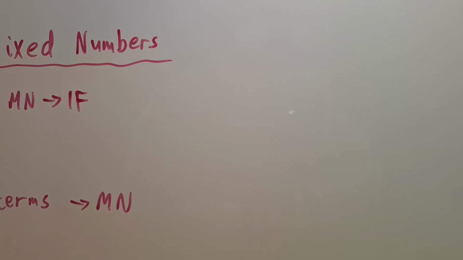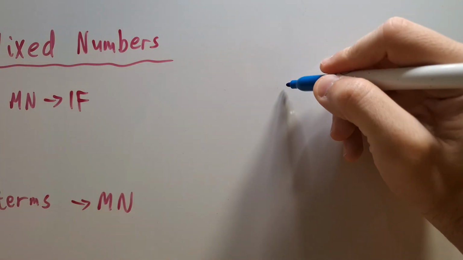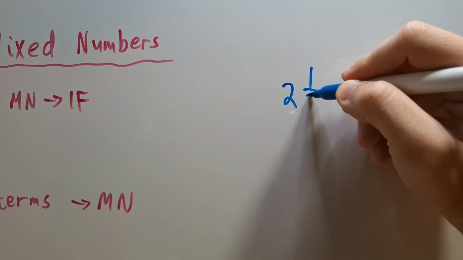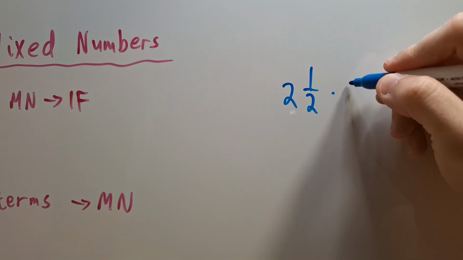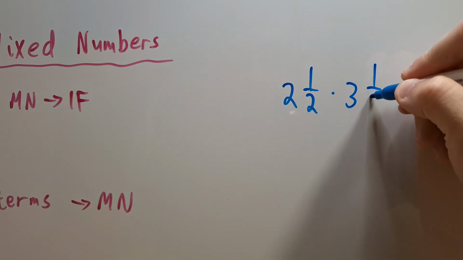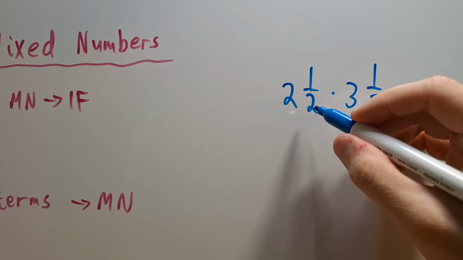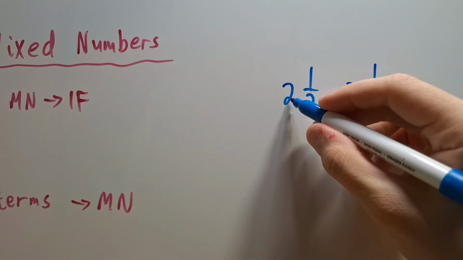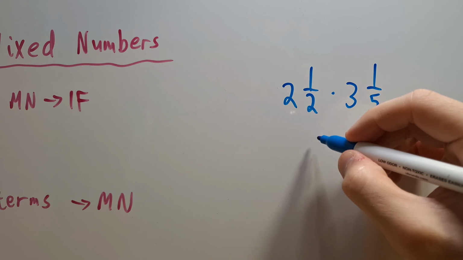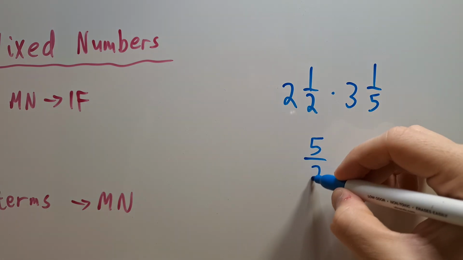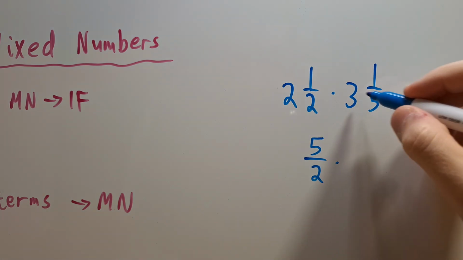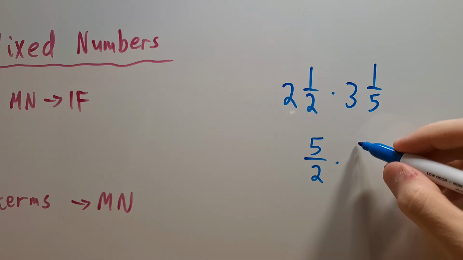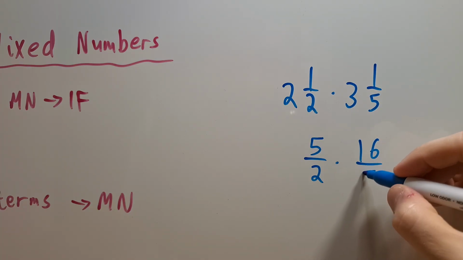The first one we're going to multiply together is 2 1/2 times 3 1/5. First thing we do is rewrite as an improper fraction: denominator times whole number, add numerator. This gives us 5/2. Same thing here, 5 times 3 plus 1 will give us 16/5.